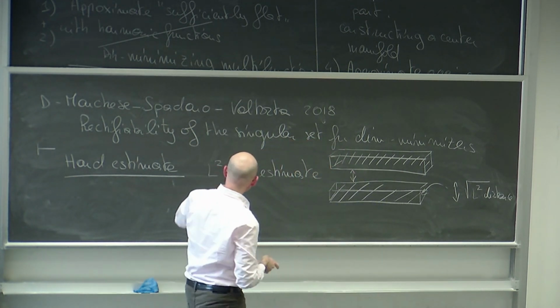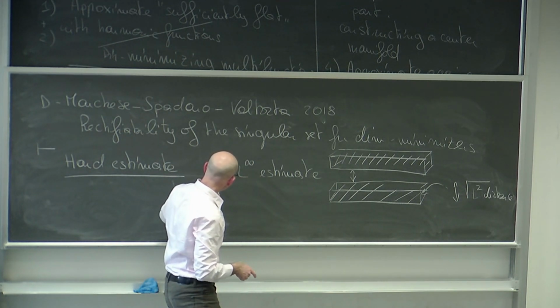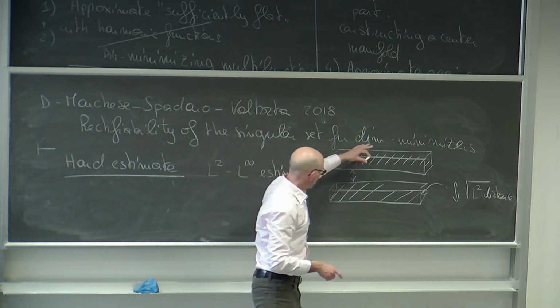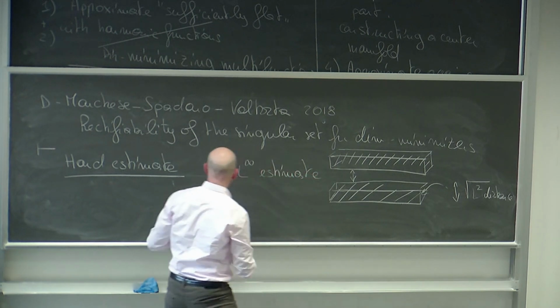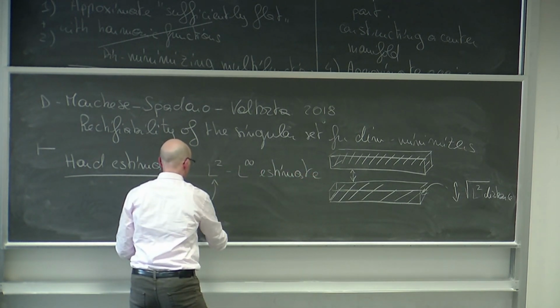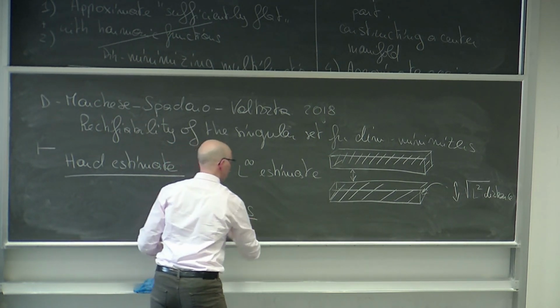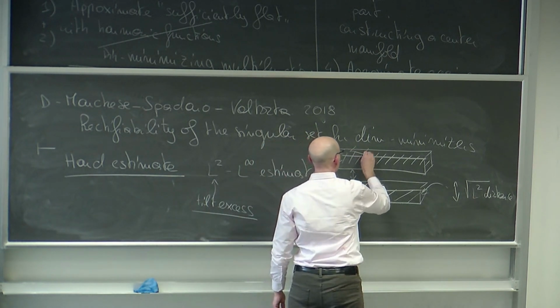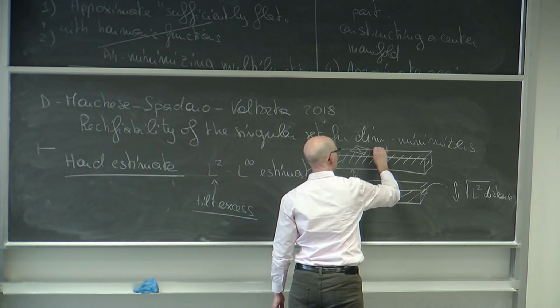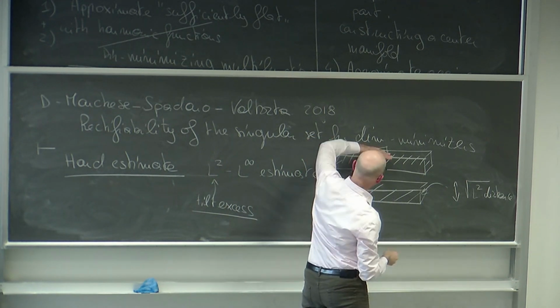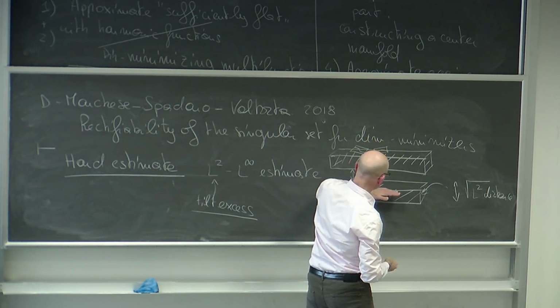So it's not really an L2, L infinity estimate with the L2 distance to the plane, but with what is called the tilt excess. And the tilt excess is an L2 computation on how the planes are skewed compared to the orthogonal plane.